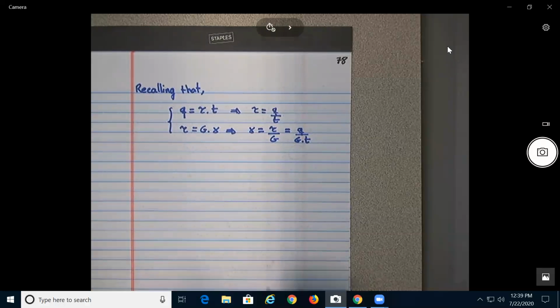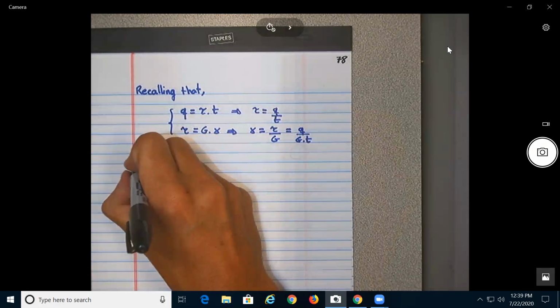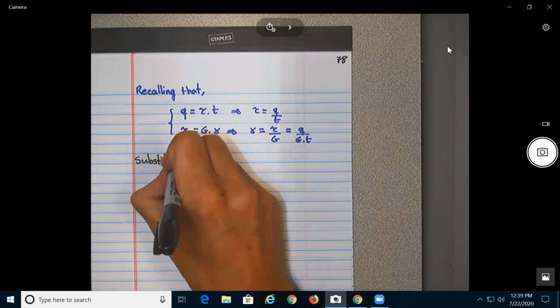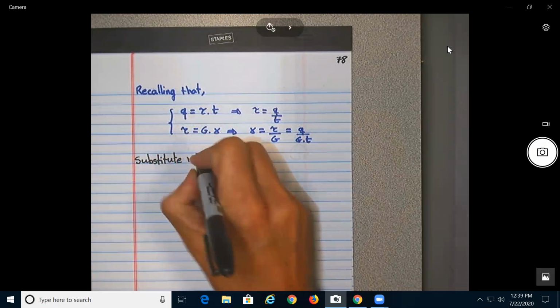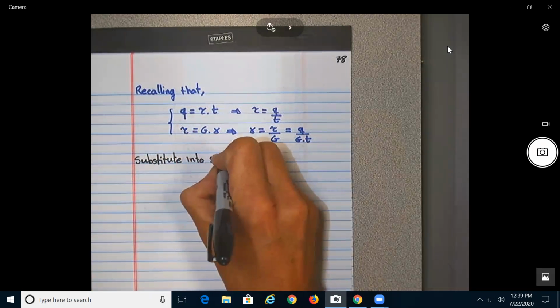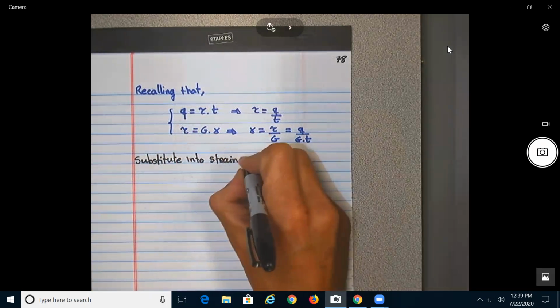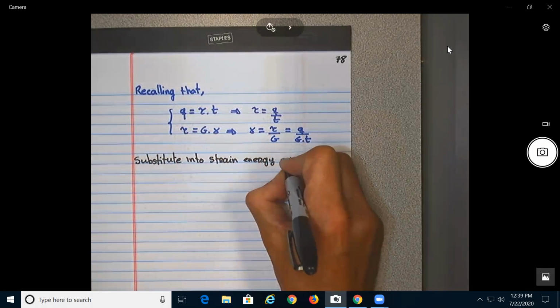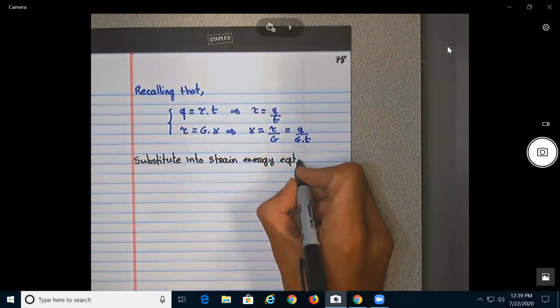All right, so again, we go and substitute into the strain energy equation.